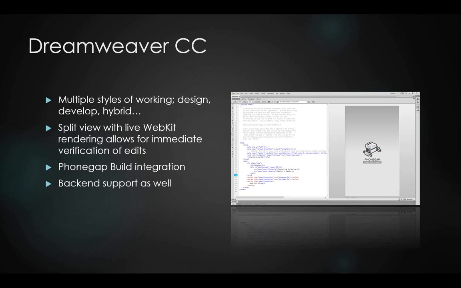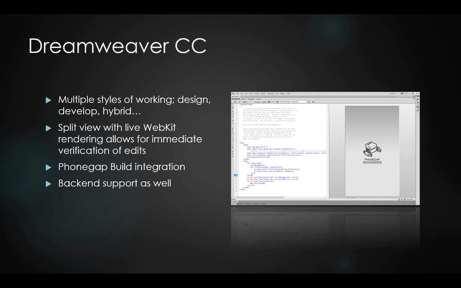What I find really nice to use Dreamweaver for when dealing with PhoneGap, and you can see it illustrated here in this image, is this nice split view with a live WebKit instance. I've got that split view right here.